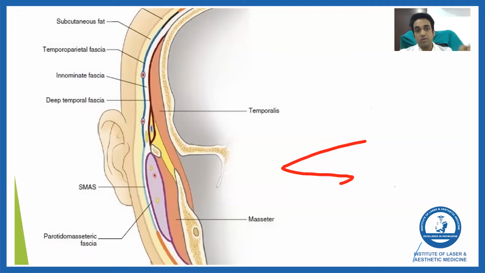Now when I'm talking about the zygomatic arch, the fascia lying below the zygomatic arch is called what? It is called SMAS, and above is called the superficial temporal fascia. So there are definitely structures underneath that we need to understand, right?